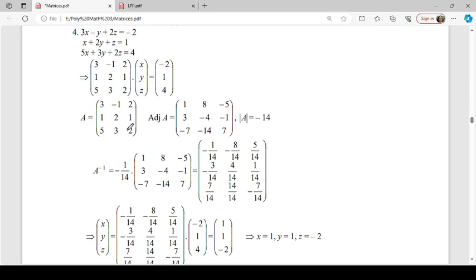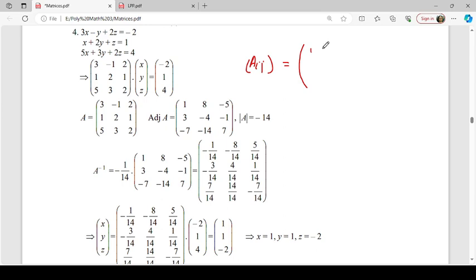So A is this, and adjoint A. First we find the cofactor matrix, say Aij. Cofactor of A11 is 4 minus 3, it is 1.